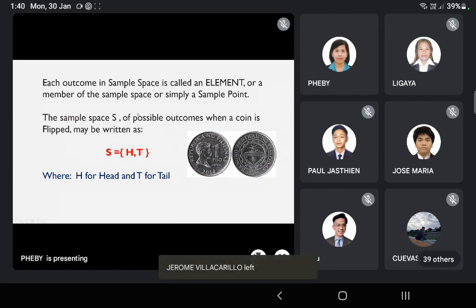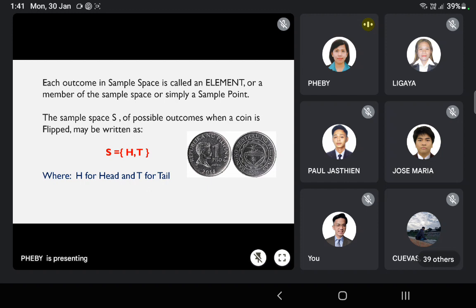Each outcome in a sample space is called an element or a member of the sample space, or simply a sample point.